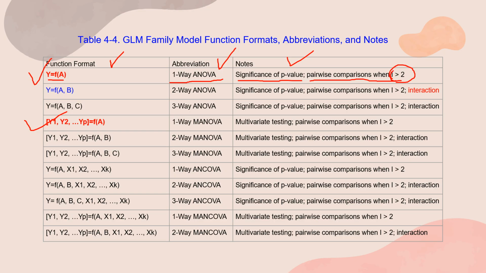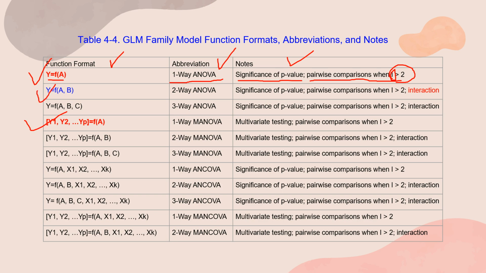Remember, I is called a level. Male, female, and others have 3 levels. Grade level, freshman, sophomore, junior, senior, that's 4 levels. So when it is greater than 2, you have to make a pairwise comparison.